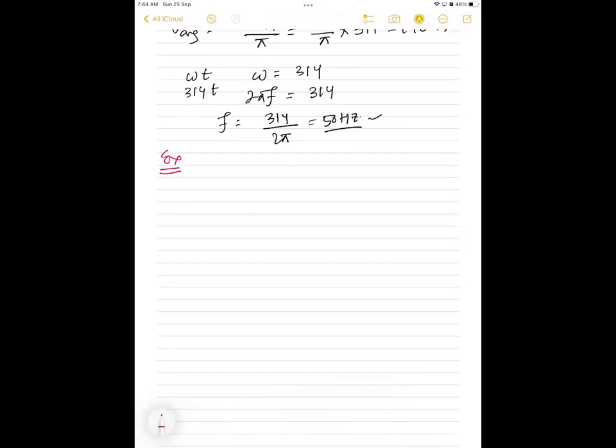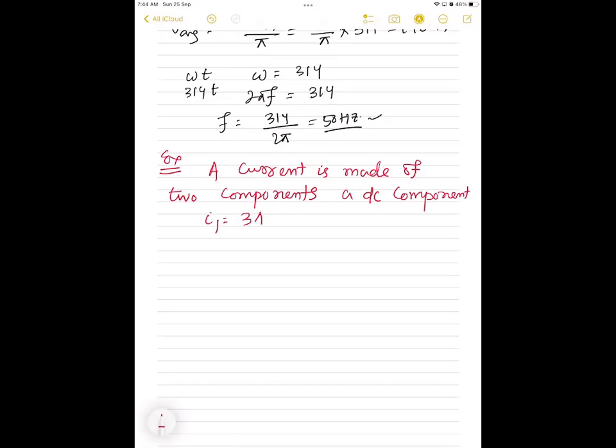The question is that the current is made of two components: a DC component I1 is equal to 3 ampere and an AC component I2 is equal to 4 root 2 sine omega t.